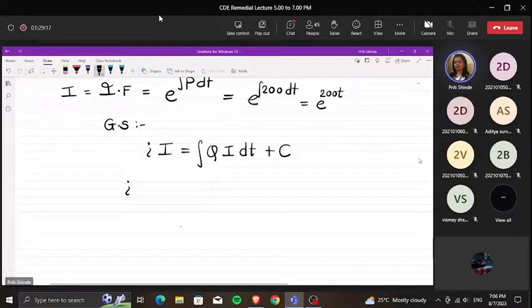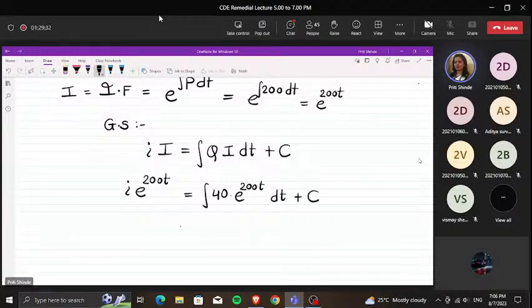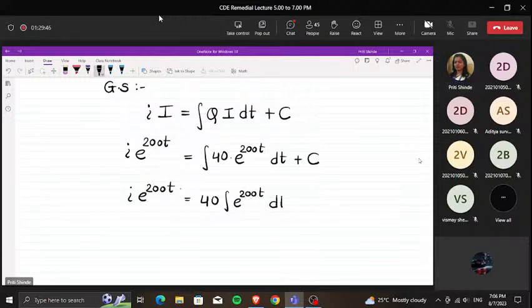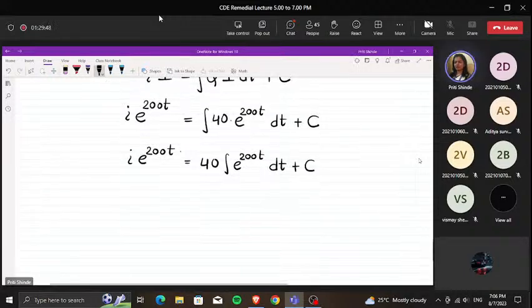So i times the integrating factor e raised to 200t is equal to the integration of Q, which is 40, times the integrating factor e raised to 200t dt, plus c. Just simplify: 40 times the integration of e raised to 200t dt plus c.